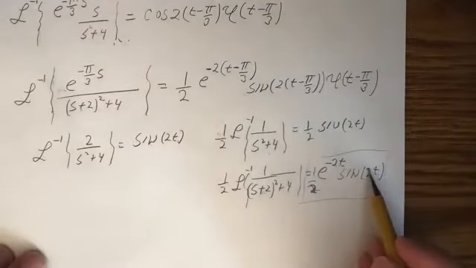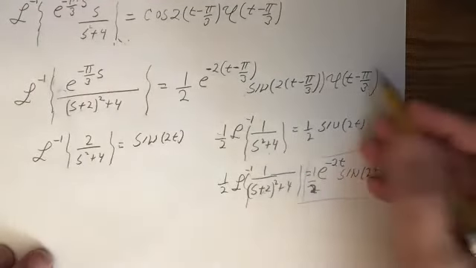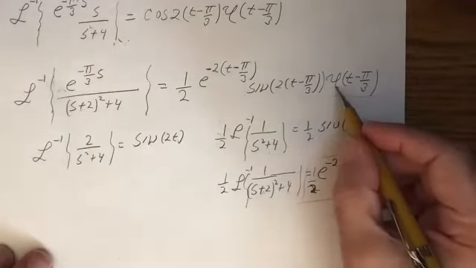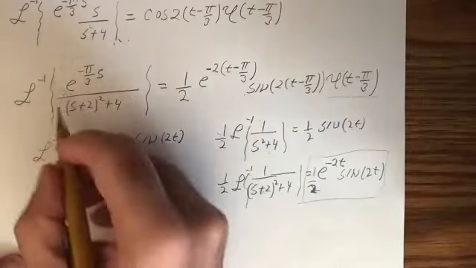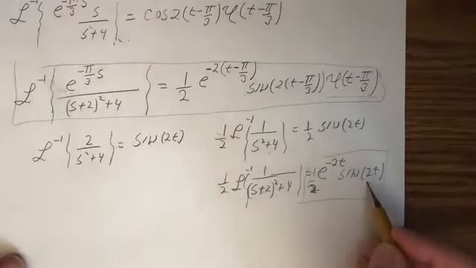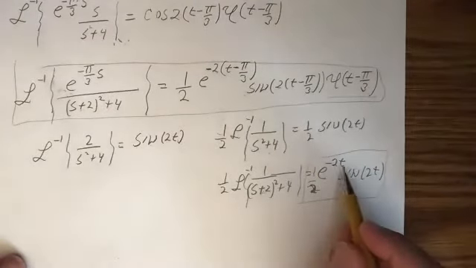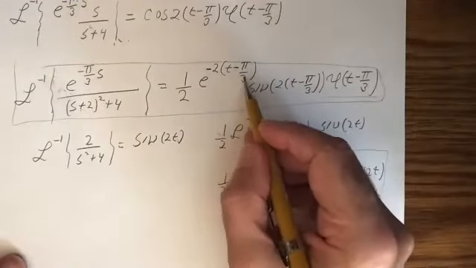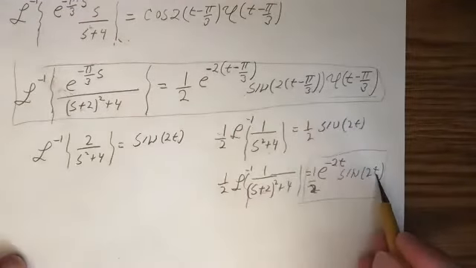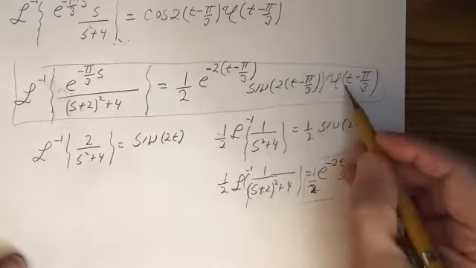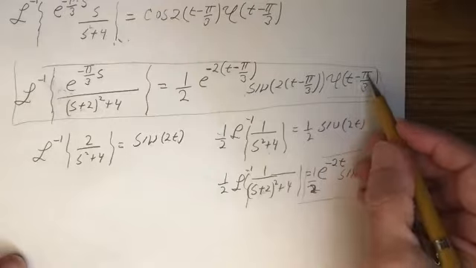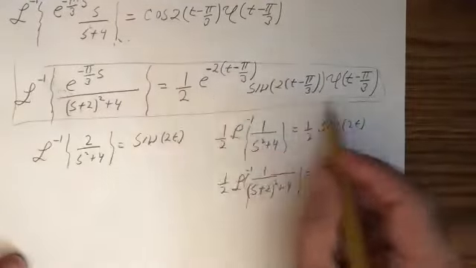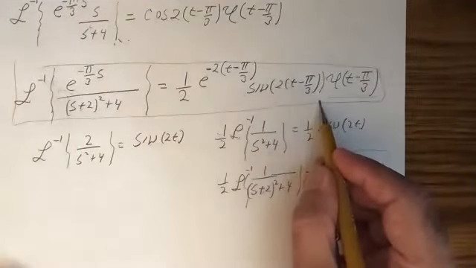That's going to take all my t's and shift them, and then I got to multiply by the unit step function. So the end result of this, I hope you can see this: I got to shift this t to t minus pi over 3, and then I got to multiply by the unit step function, which is t minus pi over 3. So this is the answer. Is that making sense?